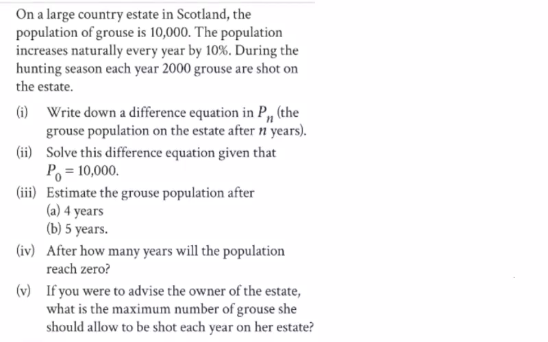Question 8. We have a country estate in Scotland with 10,000 grouse that grow by 10% and 2,000 are shot. So let's call P0 10,000.